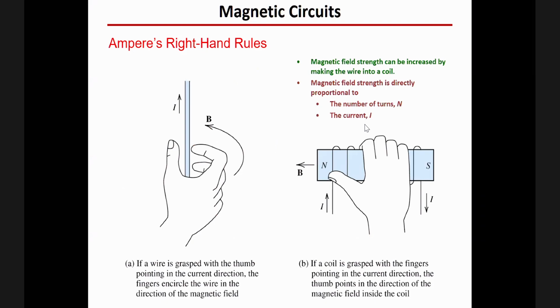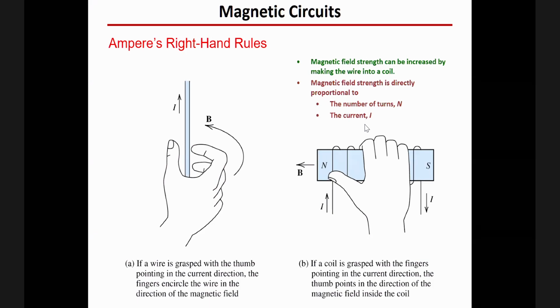Another concept we need to know for magnetic circuits is what's called Ampere's right-hand rule. Again, we studied this in Physics 102. This relates the direction of current to the magnetic field direction. The concept here is easy.